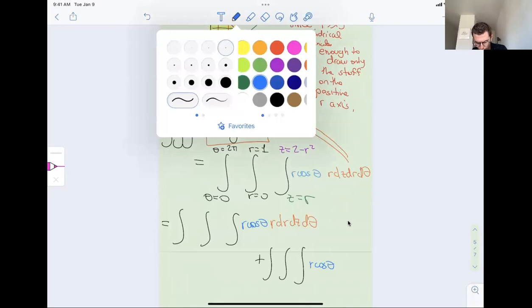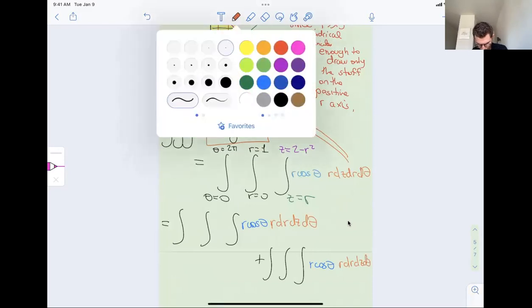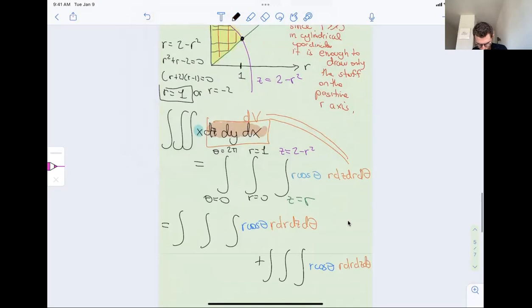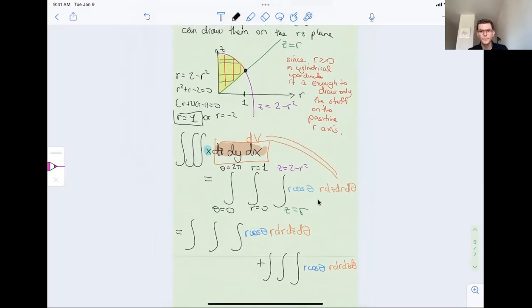And I'm about to finish with this. So there are some horizontal arrows that start where r equals 0, right?